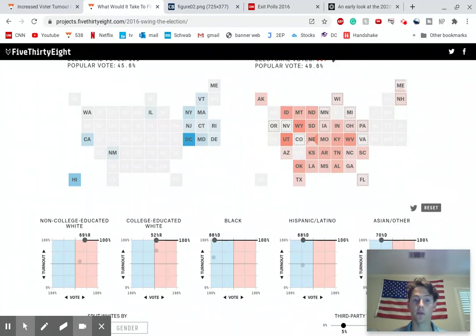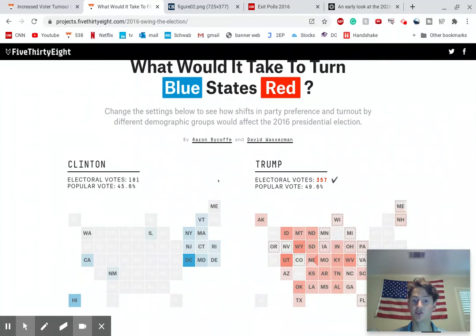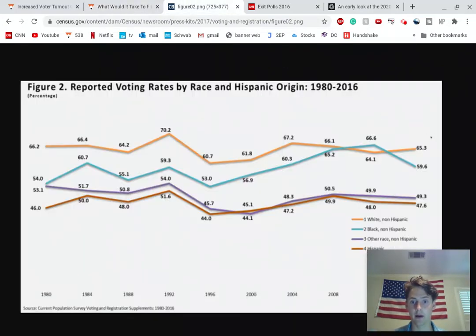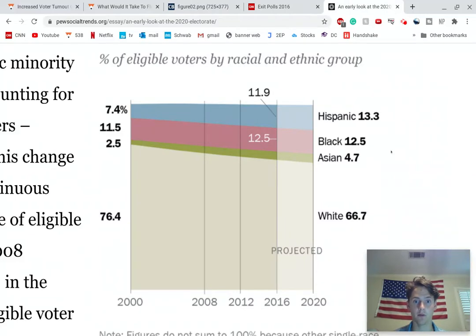And then one thing that is at fault in this model is that this is assuming 2012 demographics on the nation overall. If we look right here, this was the overall electorate in 2012, and this is the projected electorate in 2020.